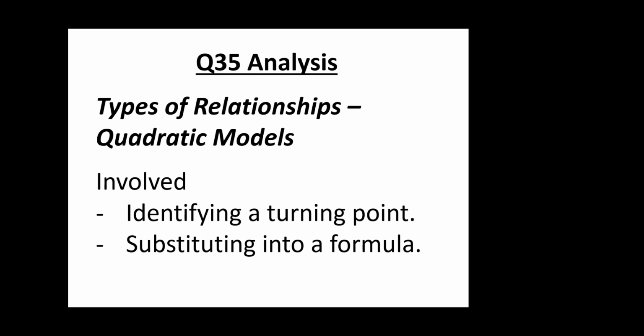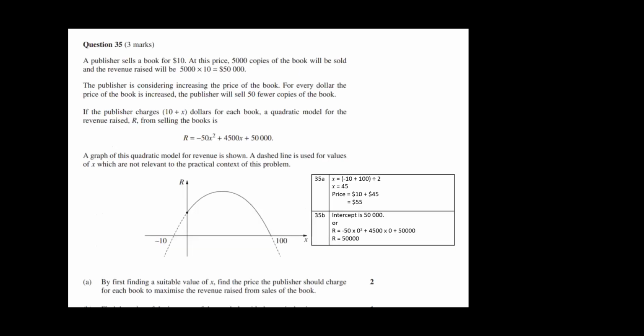So this one is a quadratic model. They needed to be able to identify the turning point and substitute into a formula. Again, it has a section which is not relevant to us, and this comes back to the standard 1 as well.